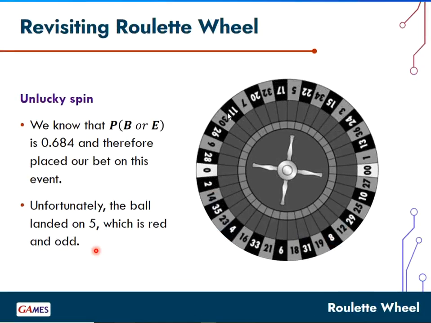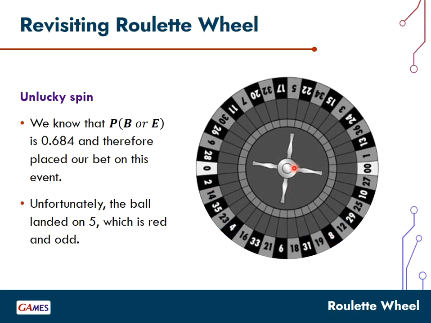So let's check the roulette wheel again. Let's count all the pockets that are both red and odd. So let's start from here. We're just going to be looking at all the gray areas that are odd.